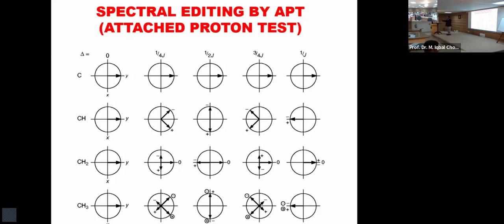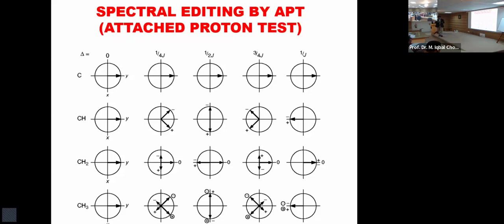Now, at that point, you turn on the detector, because you have complete control. Now you turn on the detector, CH3 will appear as a negative signal, CH2 appears as a positive signal, CH appears as negative, and quaternary appears as positive.